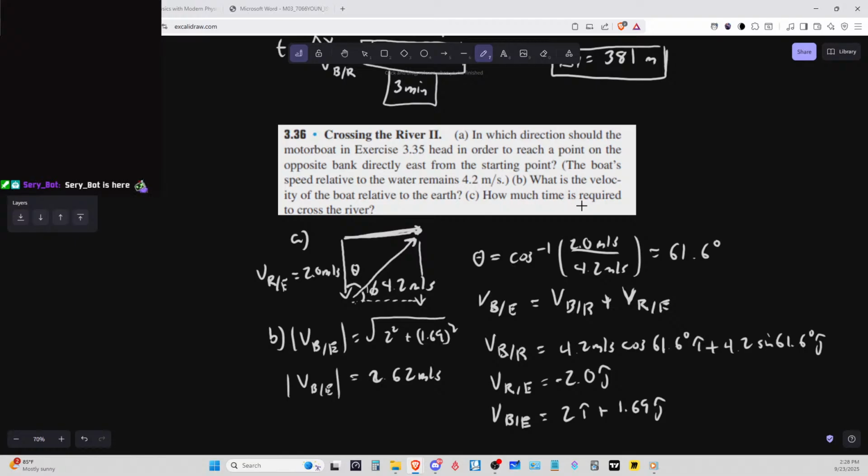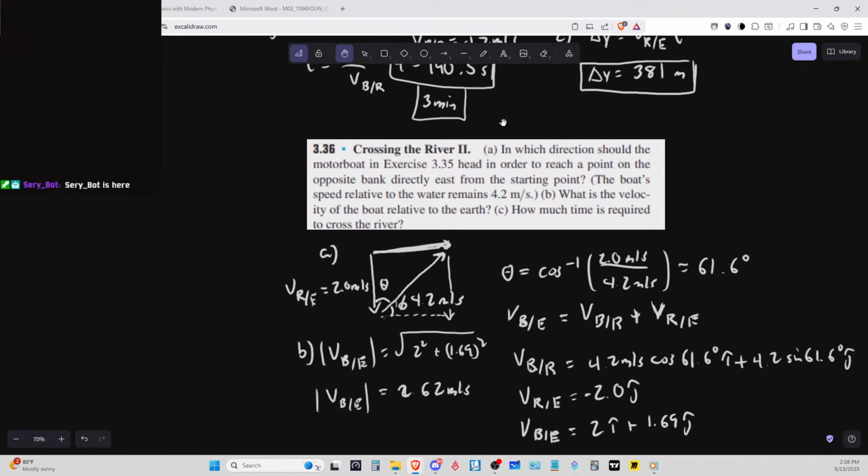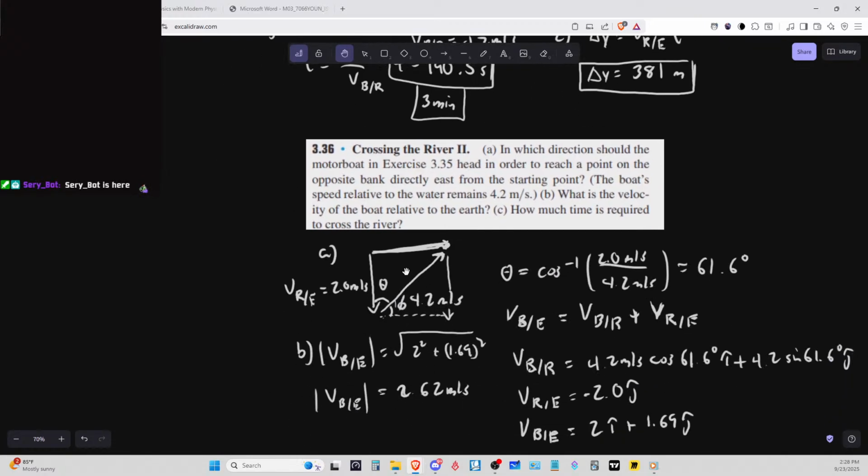Okay, how much time is required to cross the river? I mean, the velocity, maybe it's being slowed down because of the river. That's why it's much less, because this one, I think it's going with the river. So I'm thinking it's slowing down because of the river's push.